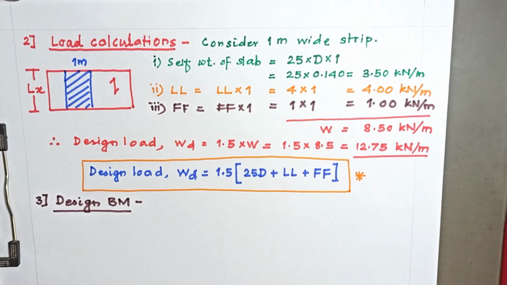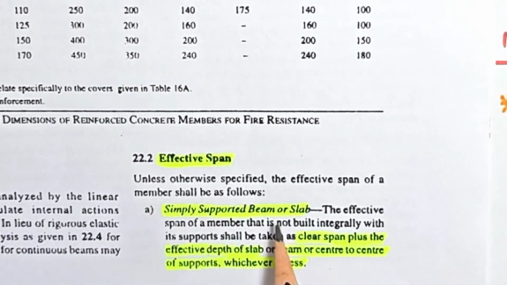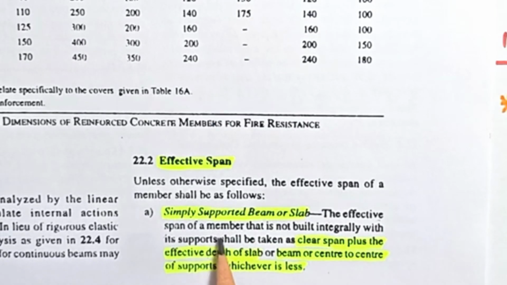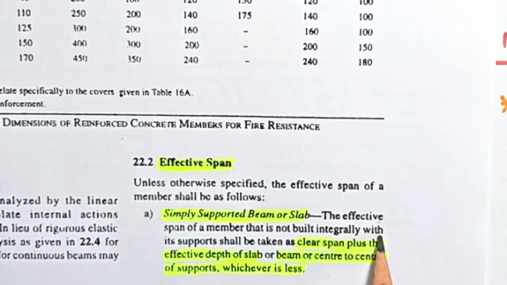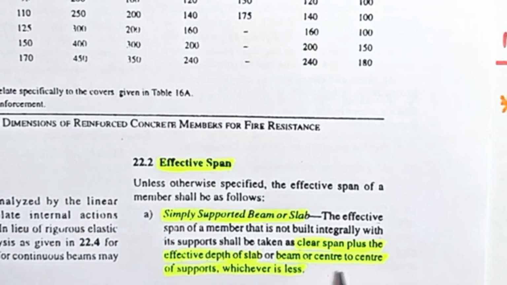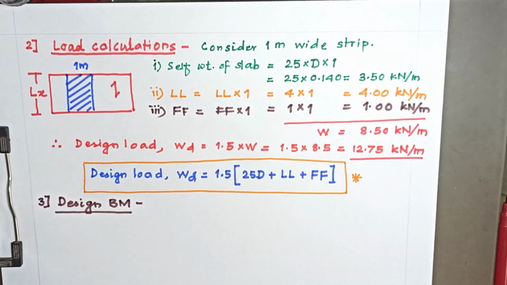For that purpose, again I will show you the clause number 22.2.a, where it is given that for a simply supported slab or beam, the effective span of a member that is not built integrally with its support shall be taken as clear span plus the effective depth of the slab, or center to center distance between supports, whichever is less.